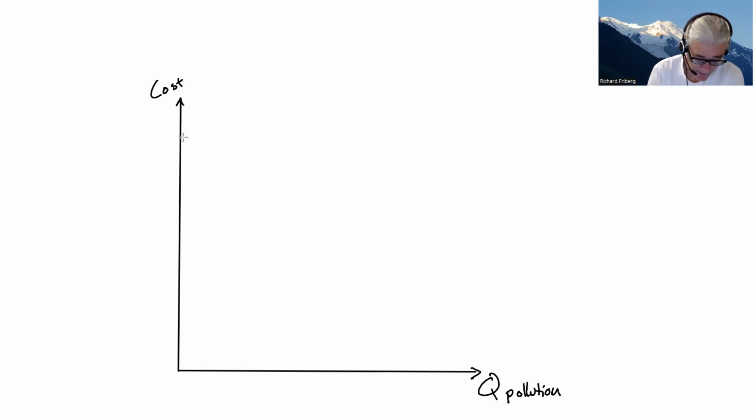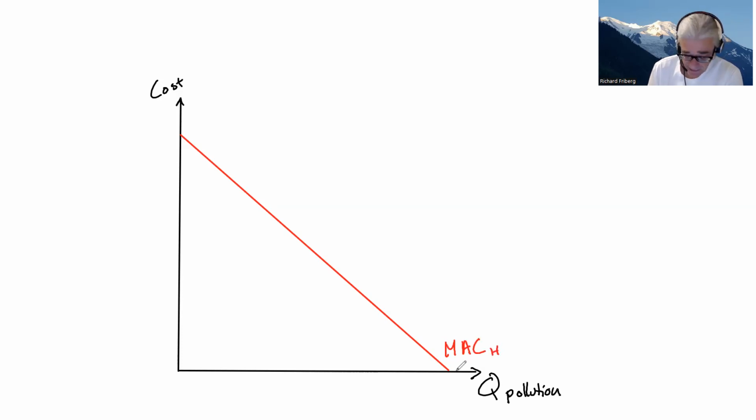Okay, so we had before what we call the marginal abatement cost. So here's the marginal abatement cost for a firm that, say, has high abatement costs. If it doesn't limit pollution at all, it would emit this much. If it limits pollution, these are the marginal costs of limiting pollution at each point.